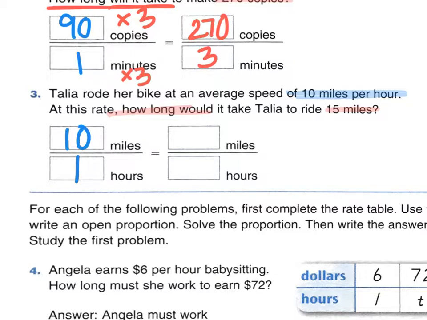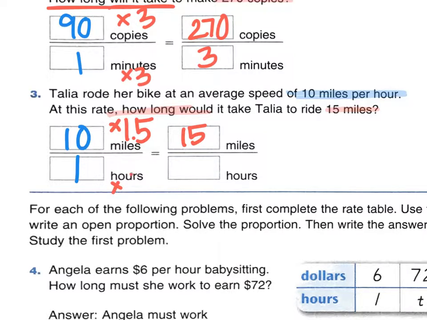So we need to go ahead and fill in our number of miles that we know, and then figure out what our equivalent ratio would be, our equivalent fraction. So this one's a little bit trickier. We have to think, okay, 15 to 10, how did that work? You can use your calculator for this, and you would figure out that 10 times 1.5 gets us up to 15.